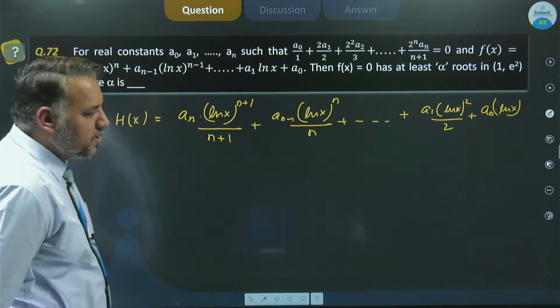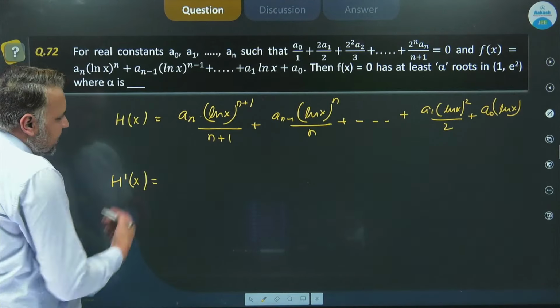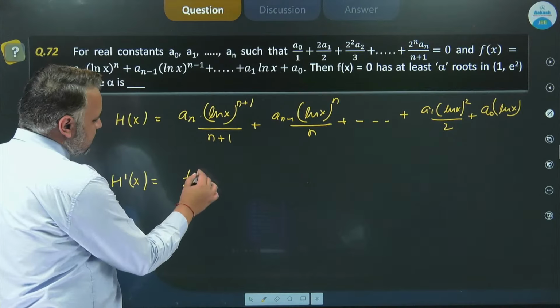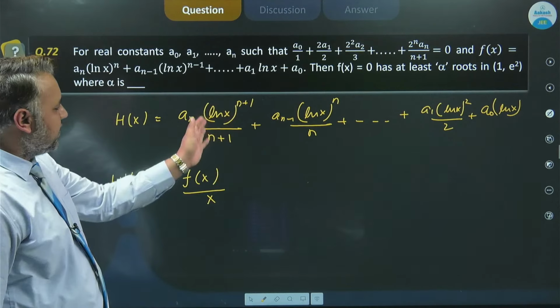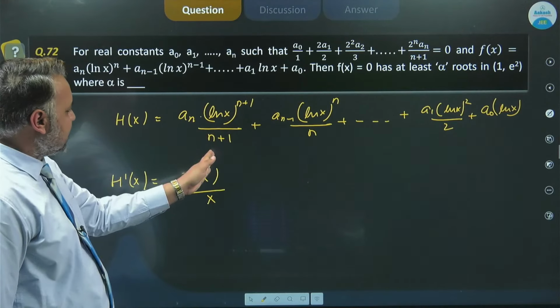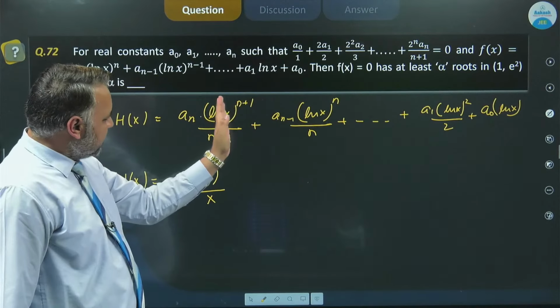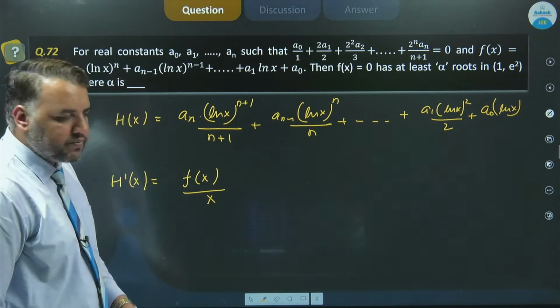Say this is some hx. Now if you say h dash x, that will be fx divided by x only, because when you differentiate this, n plus 1 will be cancelled out and ln x power will be n, but there will be an extra term that will be 1 by x. So h dash x will be fx upon x.